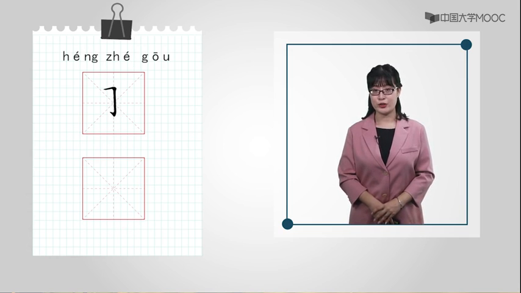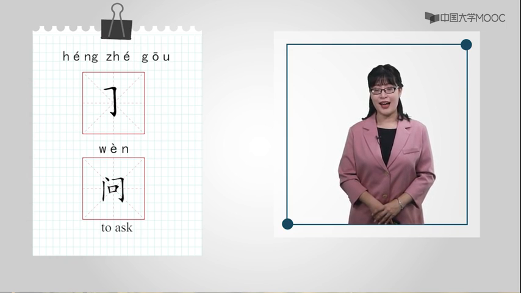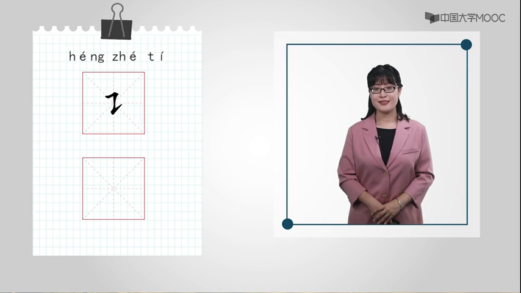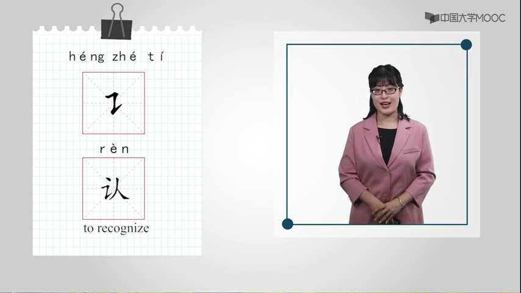This is 横折钩. It writes like the third stroke of 问, to ask. 横折提. This is 横折提. It writes like the second stroke of 认, to recognize.